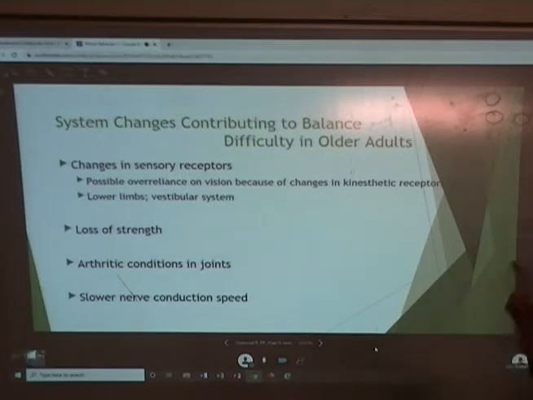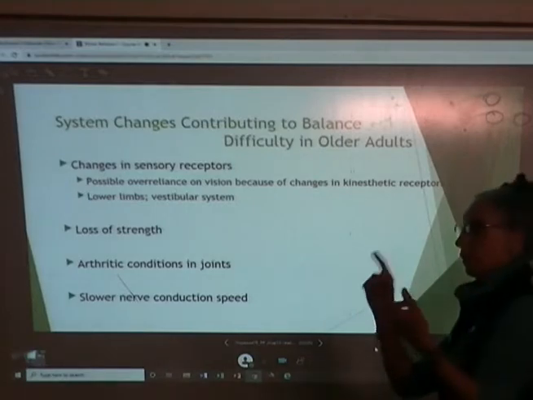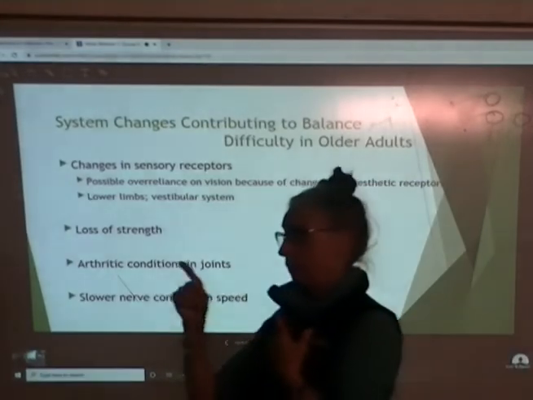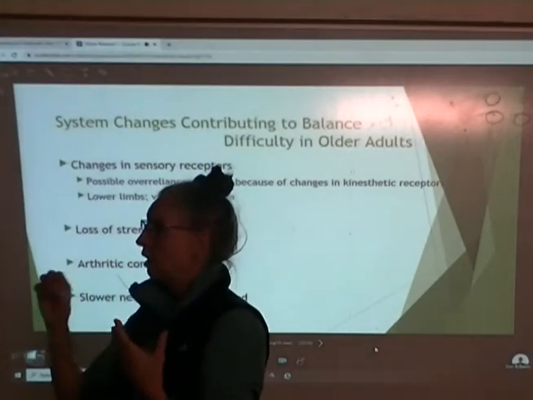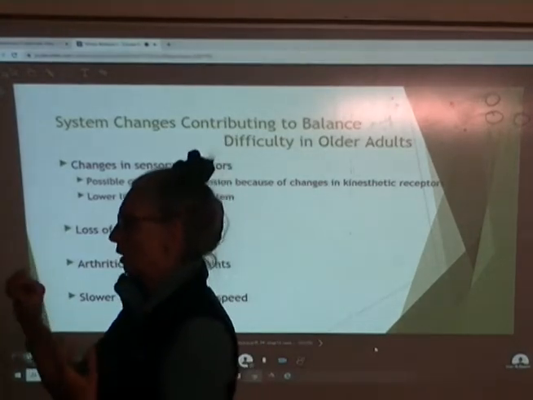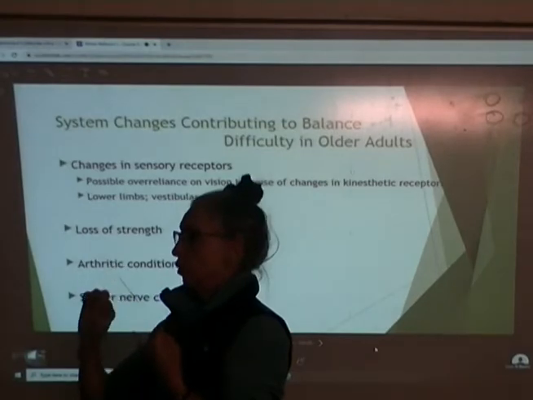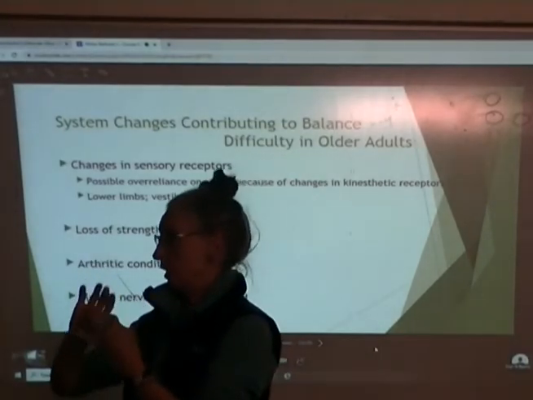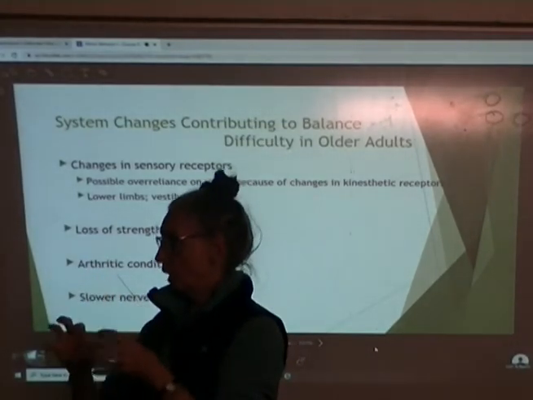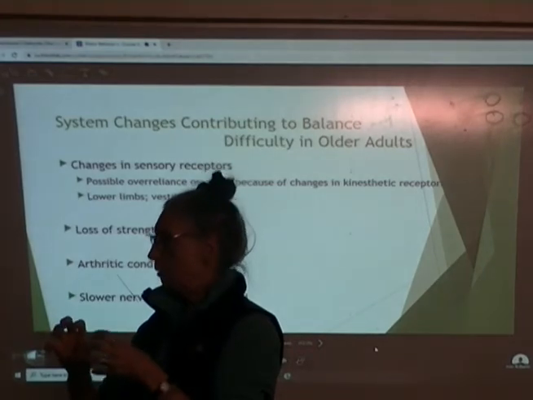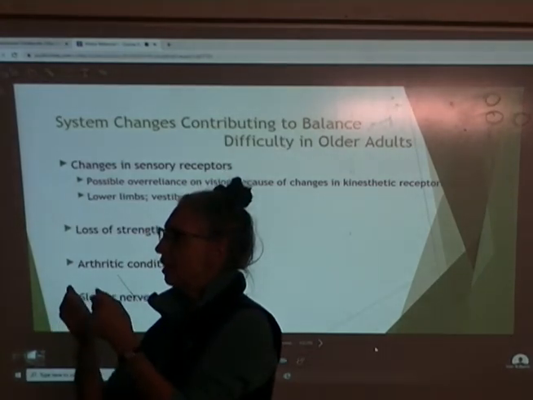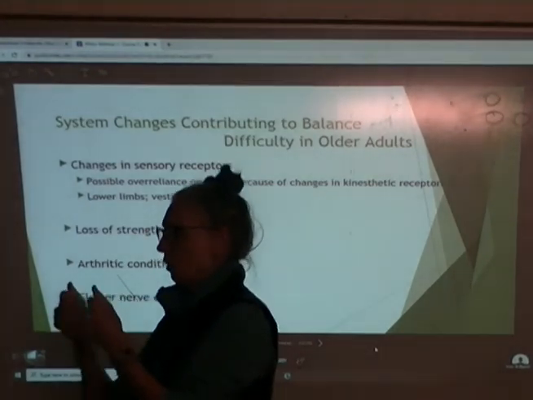Also means, and this is an aside, but something worth paying attention to. If you're working with someone who's diabetic, you need to make very certain that their shoes and their socks fit well, right? Because if they get a blister, right?